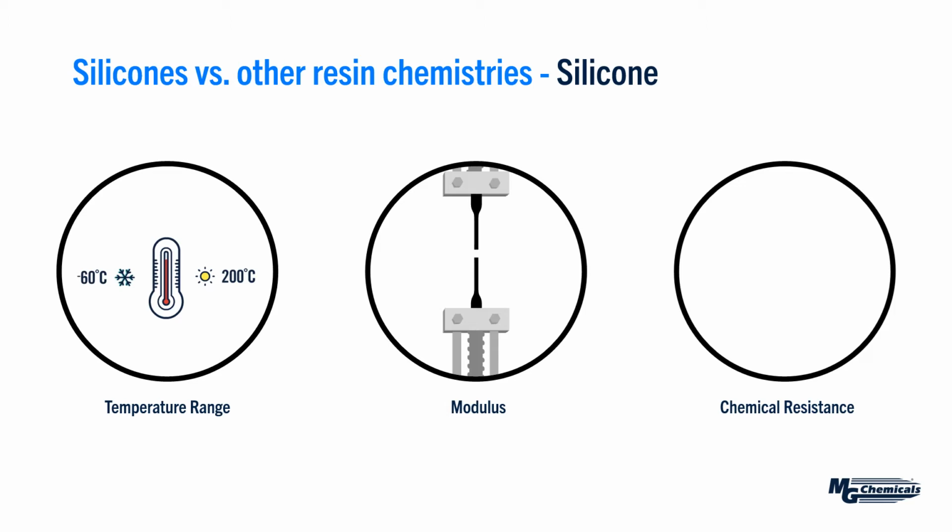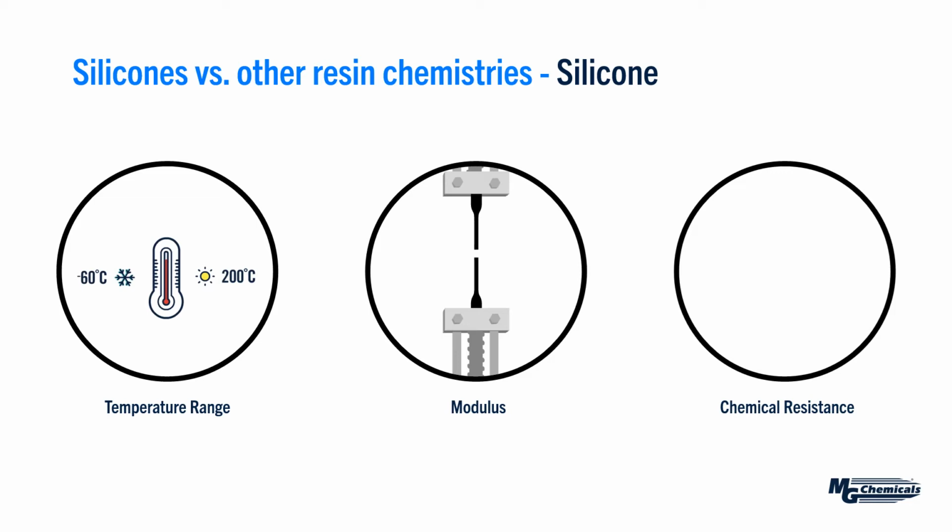With modulus, again, it tends to be a lower modulus material, and that is advantageous in terms of stress relief. So if you have delicate components, if you have applications with thermal cycling, and you want a softer material that's not going to exert nearly as much stress, you may want to use a silicone. But again, one of the drawbacks here is not nearly as good chemical resistance, generally speaking, when we compare it to the other families.